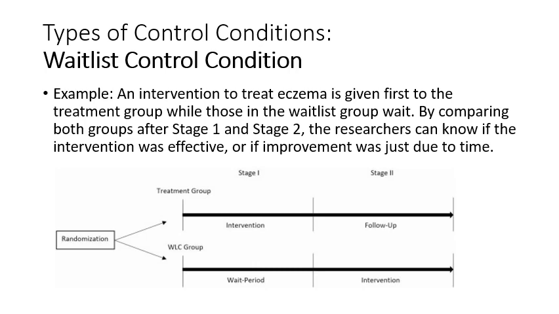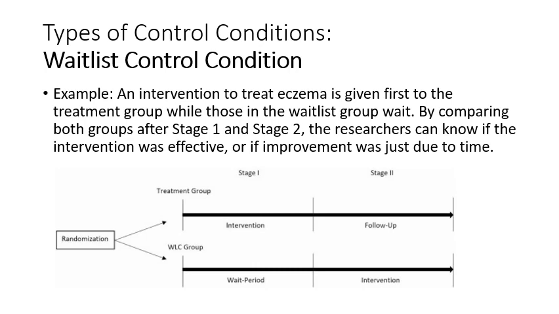The people in the WLC group, or the waitlist control group, just wait during this period, knowing that they will get the treatment at the end of the 2 weeks. At the end of the 2 weeks, where these two vertical lines are in the center, both groups are tested to see what their eczema symptoms are like. If at this point, at the end of stage 1, we have an improvement in the treatment group and no improvement in the wait group, we can start to feel confident that our intervention, our cream, is working.